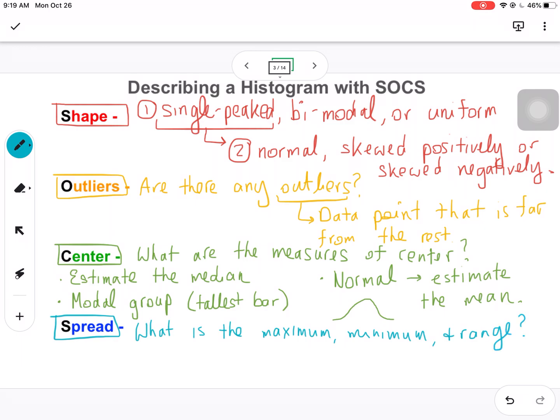And normally to describe that, you might say something like, the data ranges from to, so from whatever your minimum is to whatever your maximum is. So make sure you have these notes written down. You can pause the video here if you want to write these down.